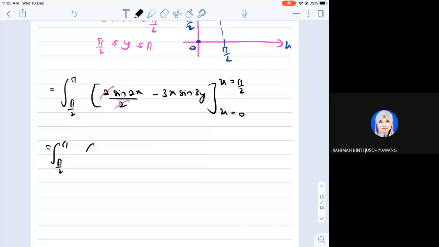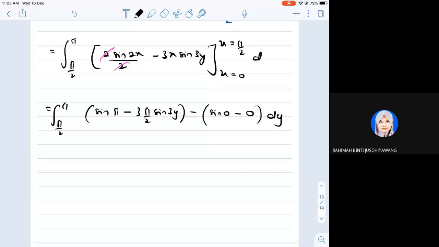So sine 2 times pi over 2 is sine pi, minus 3 pi over 2 sine 3y, minus sine 0, minus 3 times 0. Of course lah 0. Okay, so dy outside here. So sine pi, of course, we get 0. So sine 0 also 0.